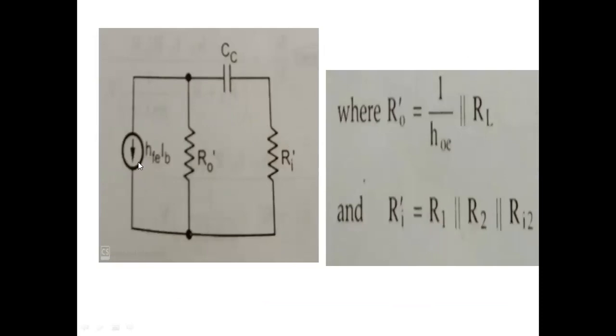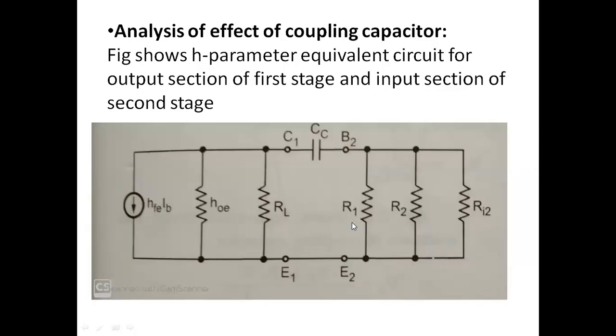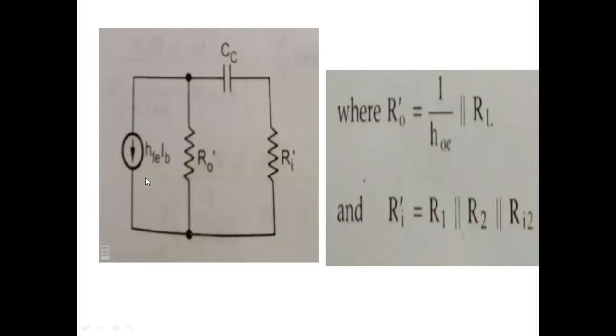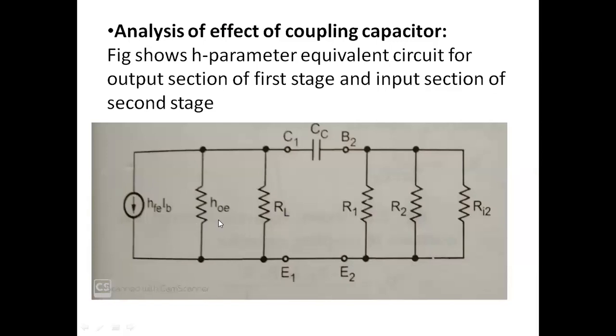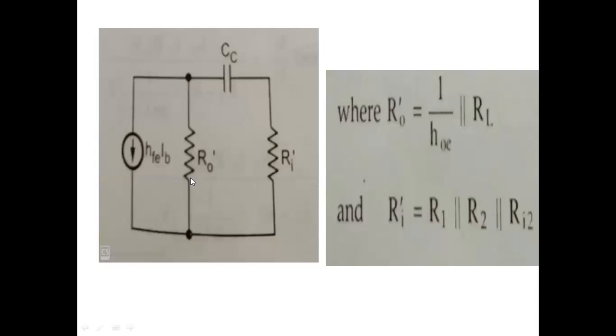Here we have a current source hfe ib, Ro dash, CC, and Ri dash. What is Ro dash?